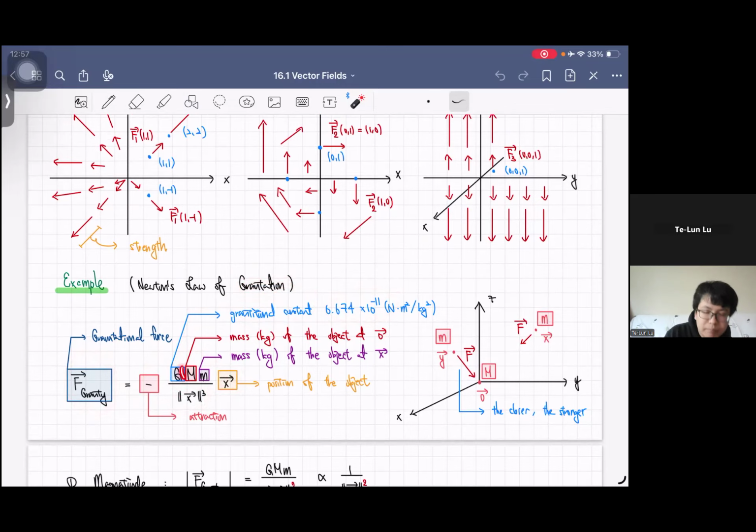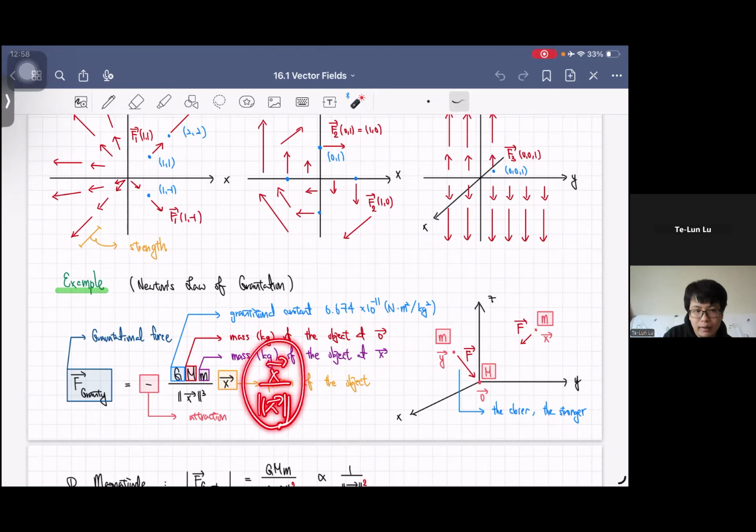The second, M here is the mass, with the unit being kilograms, of the object at the position 0, so at the origin. And this m here is the mass of the object at the point x. And then you see that we have a unit vector here, x divided by the magnitude of x. This is the position of x, right?